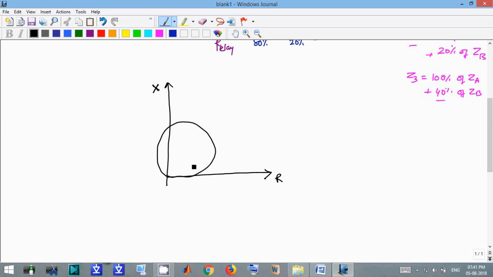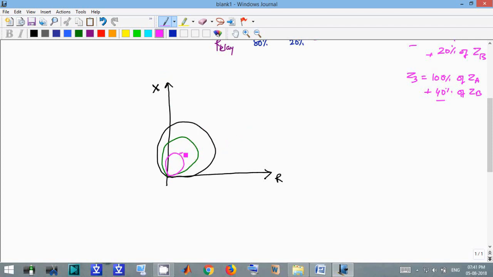Now, if we draw three circles here, actually this is a circle, I cannot draw the circle accurately, but this is exactly a circle.